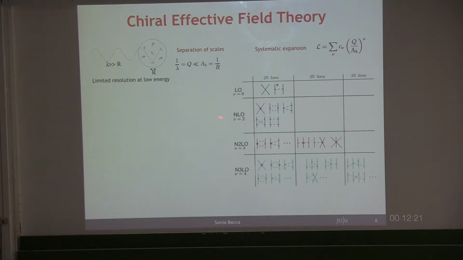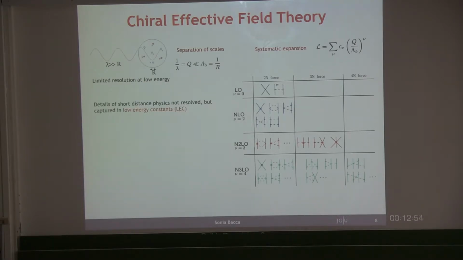If you go to the next leading order, you start to see 2 pion exchanges and so forth. And the nice thing of this is that you see a hierarchy, that the 3 nucleon forces come at subleading order. So they are less important than the 2-body force. And the 4-body forces are even less important. And that is very important because including these diagrams here is a much harder task than just doing the 2 nucleon forces.